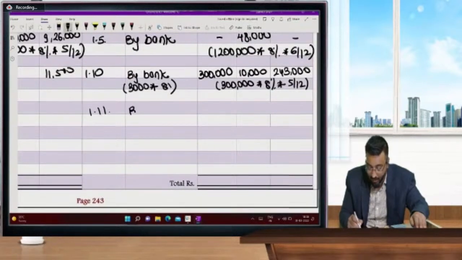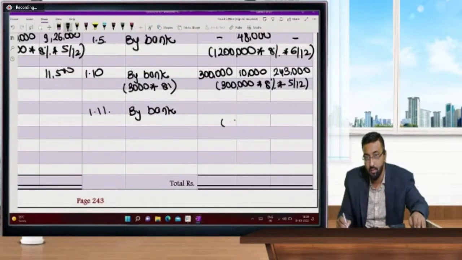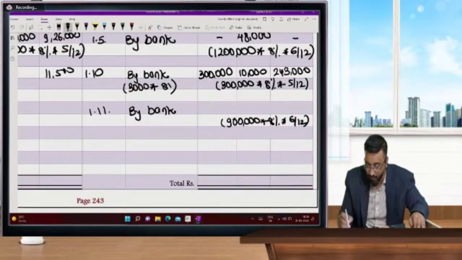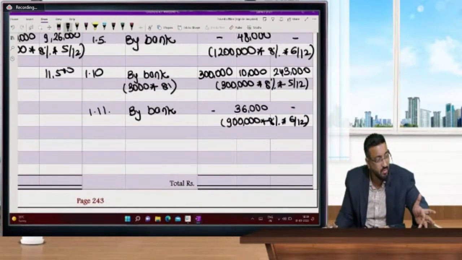First 11 by bank. Now how many debentures you have? 9 lakh into 8% into 6 by 12. In which column? 36,000. Last column, your interest column. Arre aap thoda toh focus kijiye na.